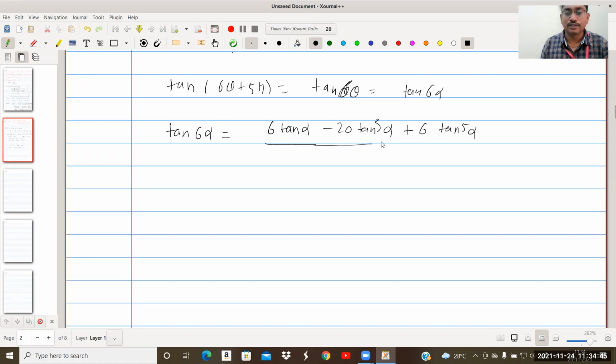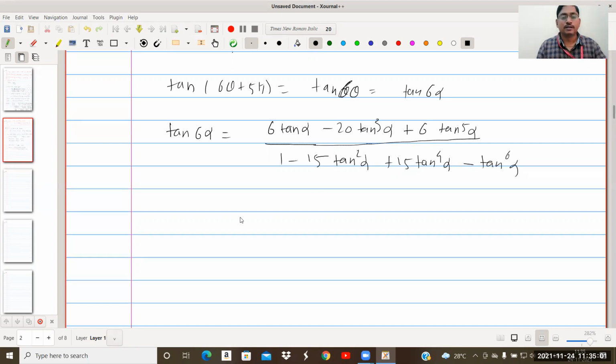Instead of theta, I write just alpha here. And 1 minus 15 tan square alpha plus 15 tan raised to 4 alpha minus tan raised to 6 alpha.